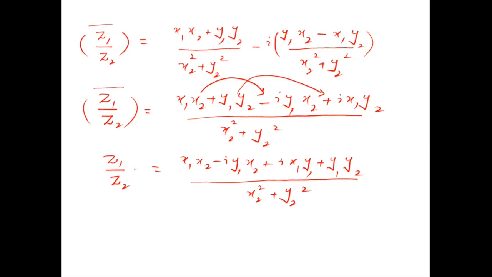z1 dividing it by z2 whole conjugate. Now by taking x2 common, x1 minus iota y1 plus iota y2 plus iota y2.